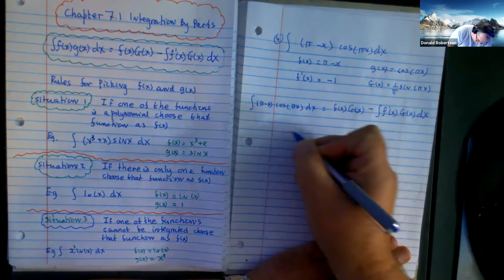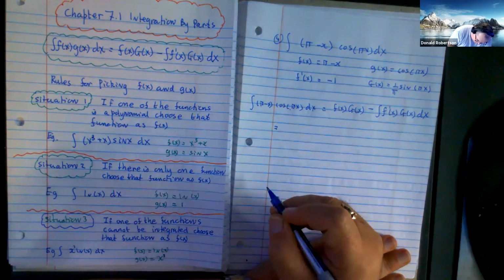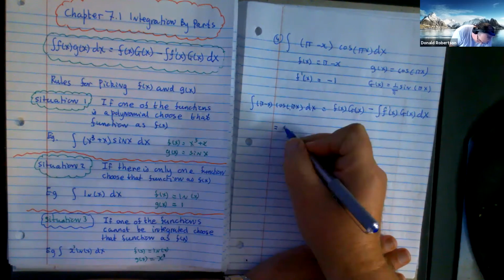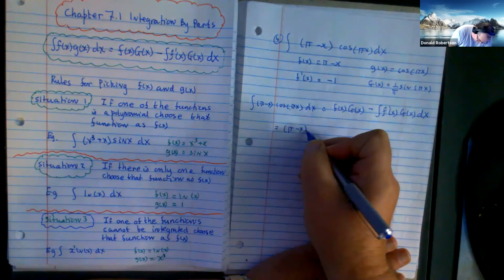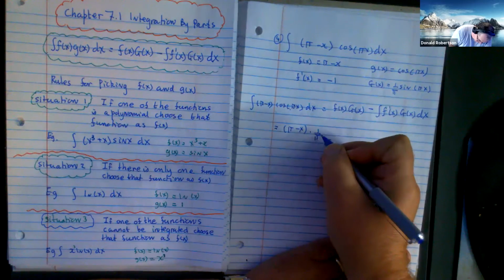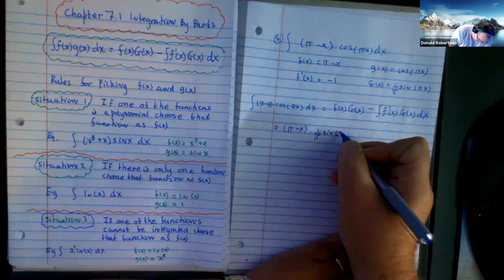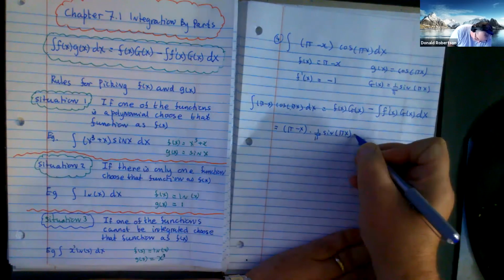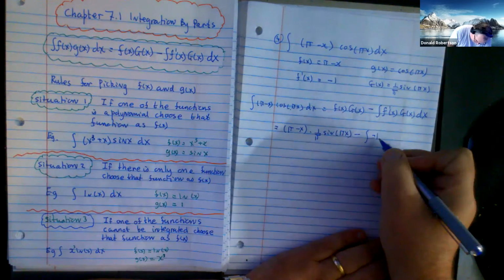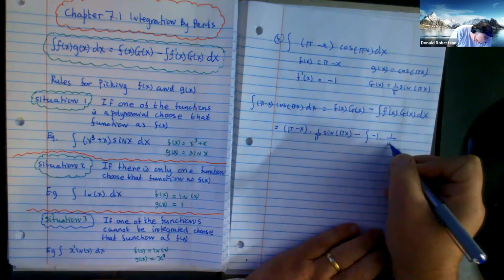I'll bring over here for room. And so it's going to be pi minus x times capital G, which is the stuff, take away -1 times the stuff.